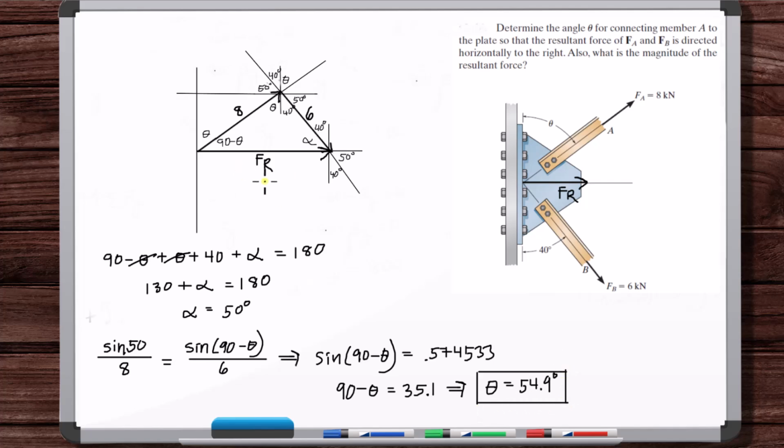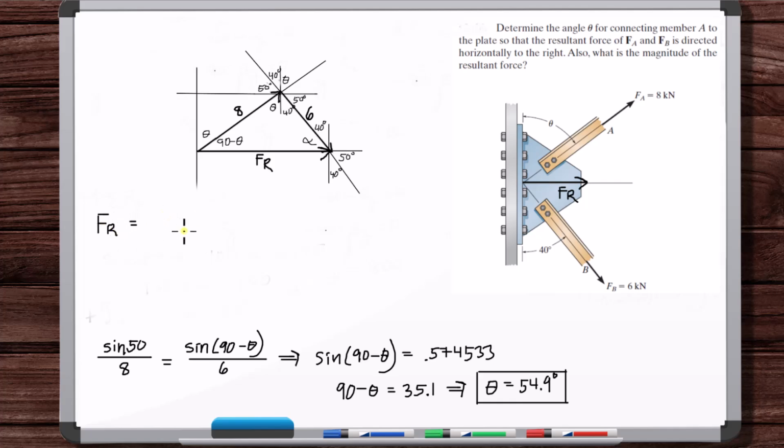Okay, so now that we have that, we can use the law of sines or the law of cosines to get FR. So FR is, using the law of cosines, the square root of 8 squared plus 6 squared, so 64 plus 36, minus 2 times 8 times 6, so 2 times 48, times cosine of 54.9 plus 40.